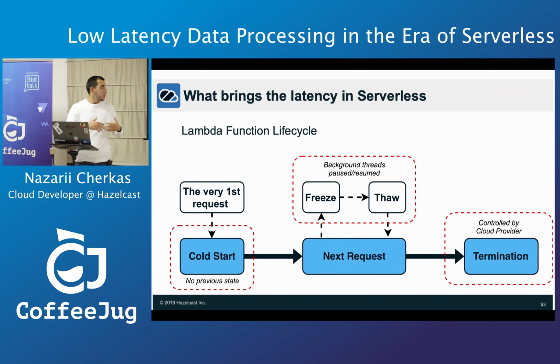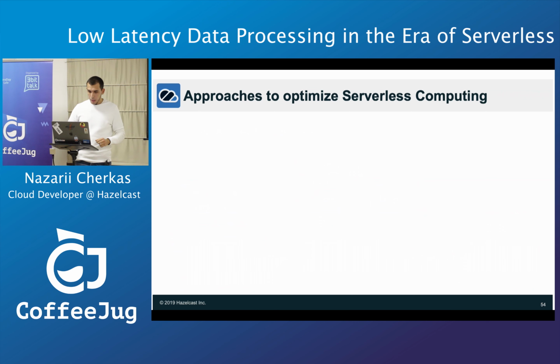We call some API, we cannot rely on it. And at every moment, our function can be terminated, and every state that we pre-cached internally in memory is gone. So how to optimize this? How to deal with those issues?